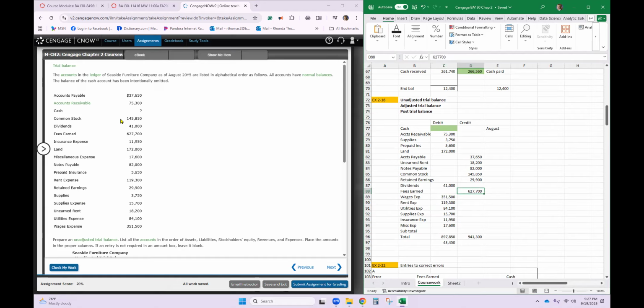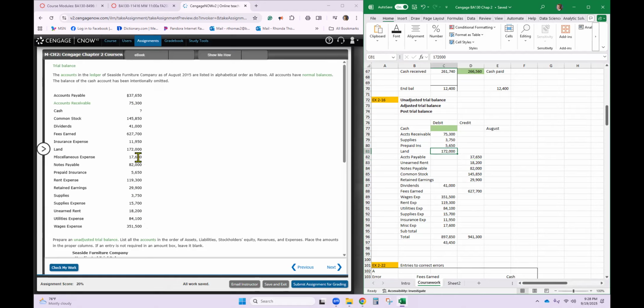Okay, so fees earned, it was the biggest number there. Retained earnings, 29,900. 145,850, 82,000, 18,200, 37,650, way up here at the top.